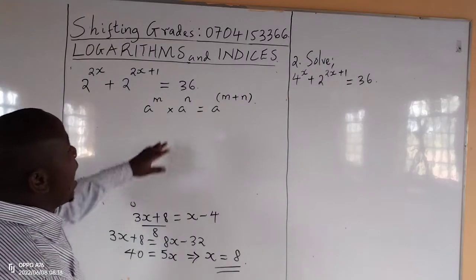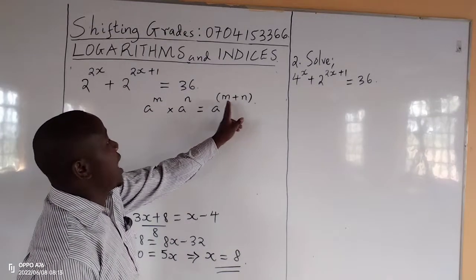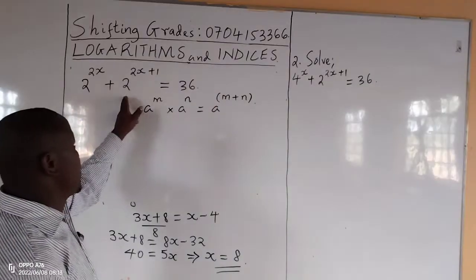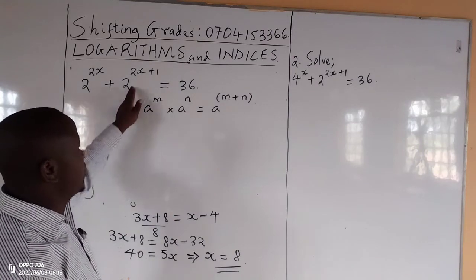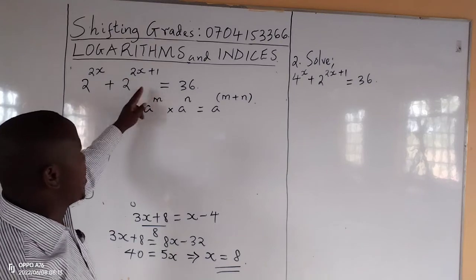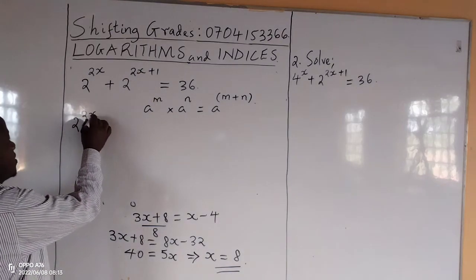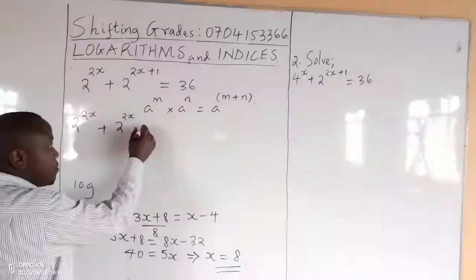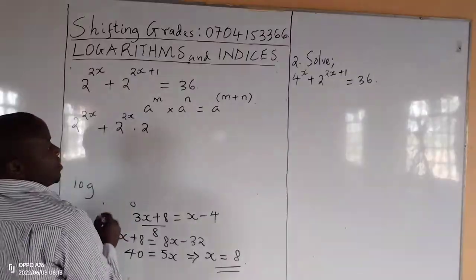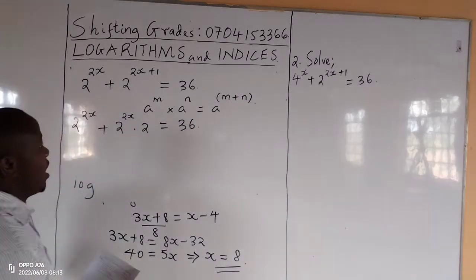Now, applying the reverse of this process, since we have 2 raised to a summation of powers, 2 raised to 2x plus 1, we can break it into 2 raised to 2x multiplied by 2 raised to 1. So we have 2 raised to 2x, then we add 2 raised to 2x multiplied by 2 raised to 1, which makes it 2. This equals 36.